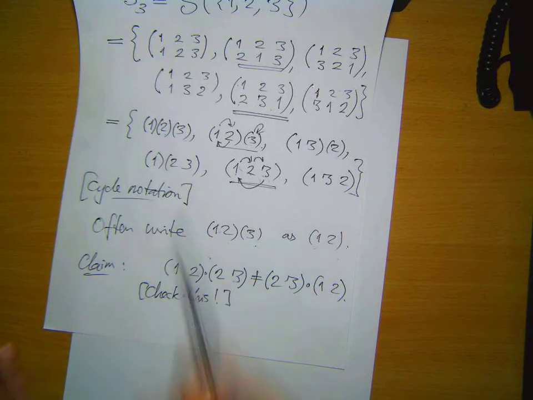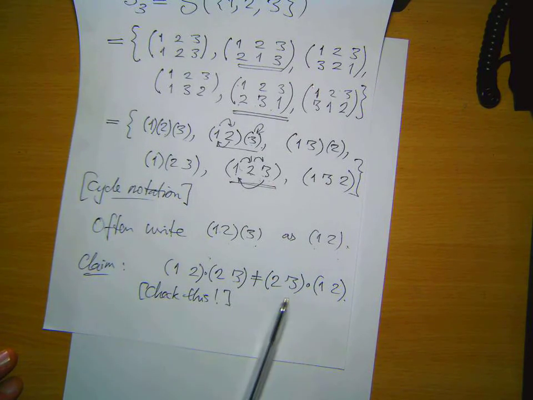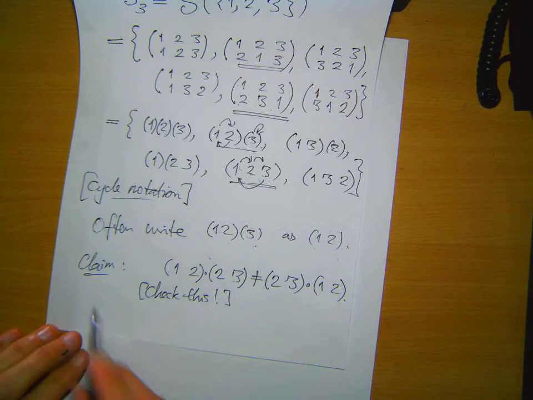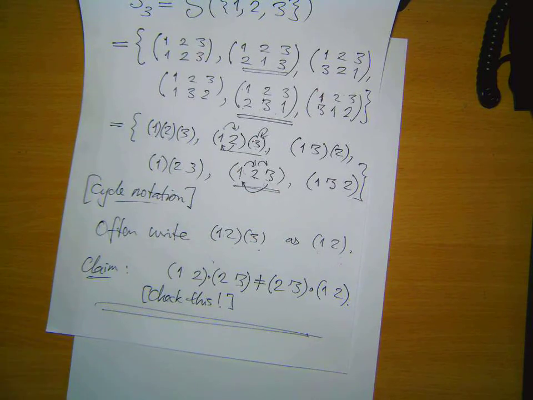You can check it using whichever notation you like, but I do want you to get familiar with using this cycle notation. We're going to have lots of practice at that. It's a very convenient notation, not just because it saves ink, but also because it shows underlying structure. But the message is, even if we haven't checked this yet, since we can find two elements of the 6 that don't commute, this group is not abelian.